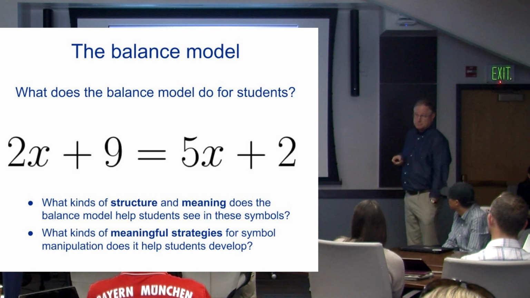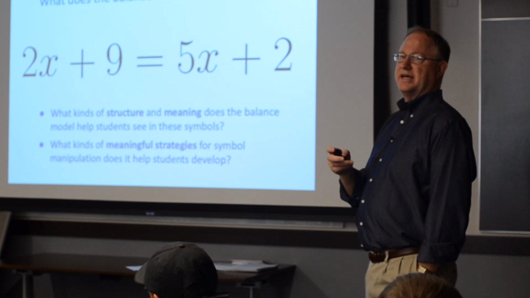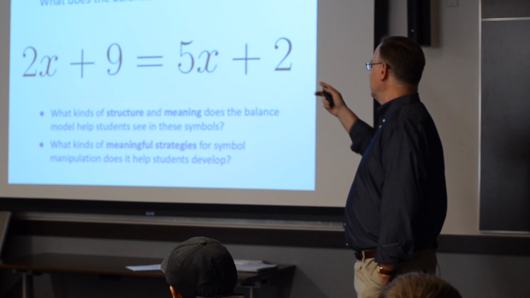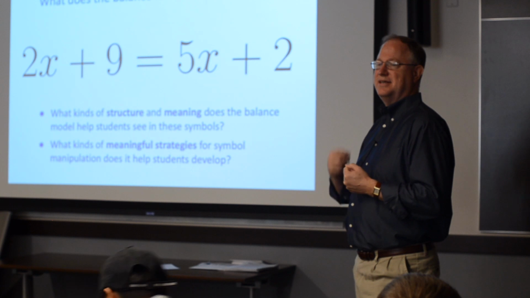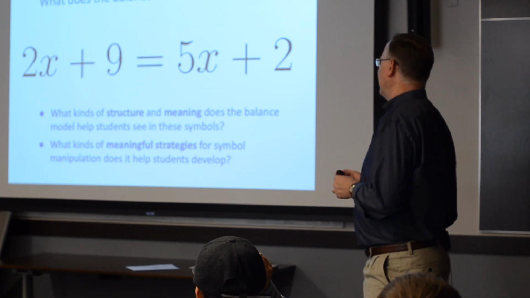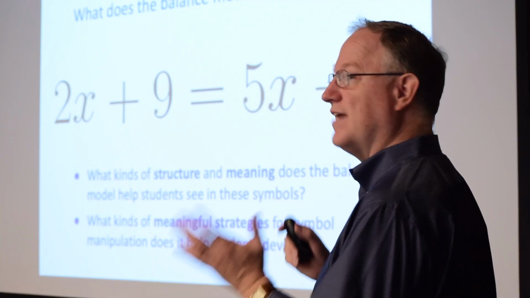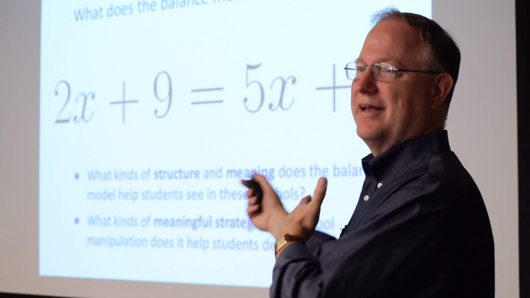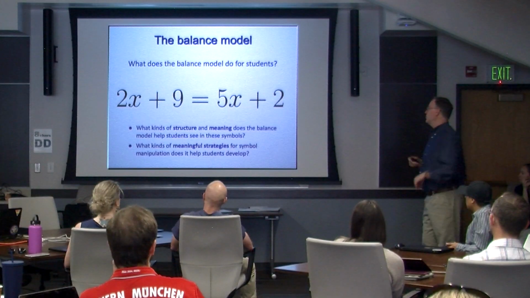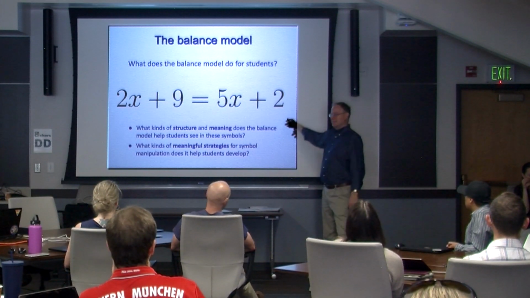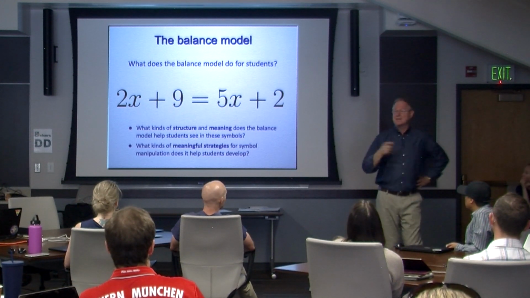If you look at the research around this, students begin in the early grades seeing equal as a balance, and then the more times they see procedural work and a lot of questions that use the equal sign as find the answer, by 6th grade, they're seeing the equal sign in a different way. They're looking for an answer. So when you actually have an equation like this, it's difficult to imagine what to do with that because they don't see the equal sign like we see the equal sign.